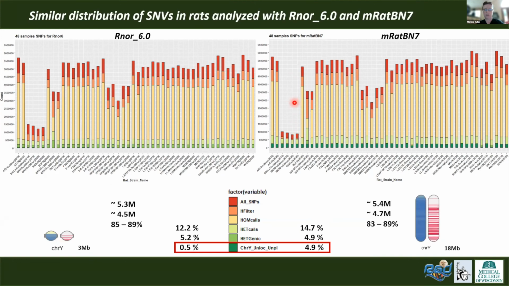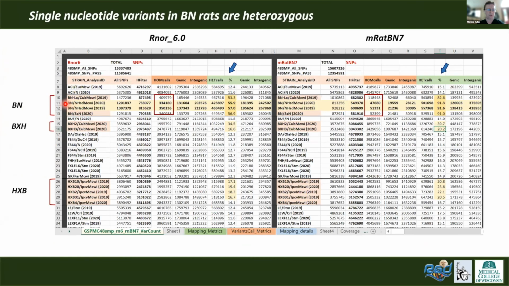So just look at these Brown Norway strains, and the numbers I'm showing here in the table. What is interesting here is that these 2 strains are, as I mentioned before, 2 different data sets, 2019 and 2020. So these are the same strain, but sampled twice. And we can see that the other Brown Norways, when compared between the 2 assemblies, show a huge drop in the homozygous calls.